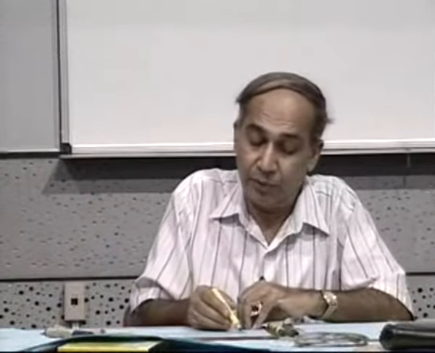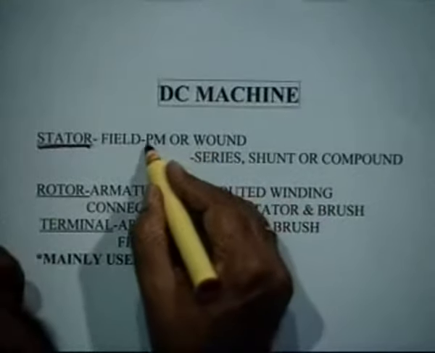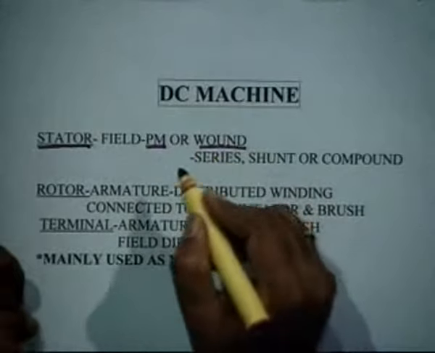Now the three machines that we talked about are made up of a combination of these parts. You have a DC machine whose stator is a field, which can be a permanent magnet or it can be wound.